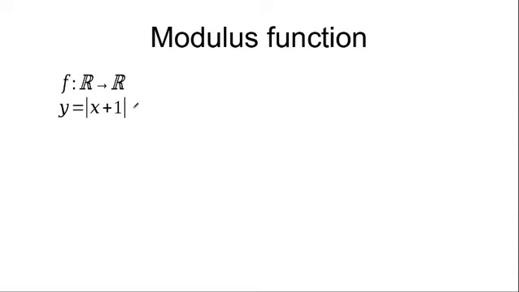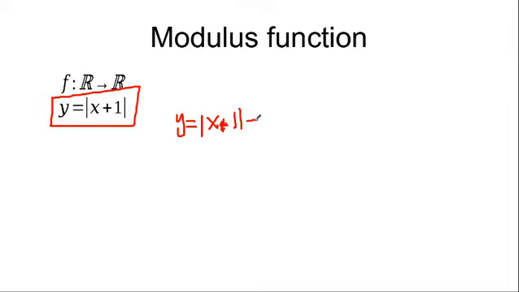Okay, what about this? This is another example, a simple example. So what happens? Y equals modulus of x plus 1. So we're going to have to figure out how the graph behaves in certain regions, how the graph behaves when what is inside this modulus changes its sign, right?